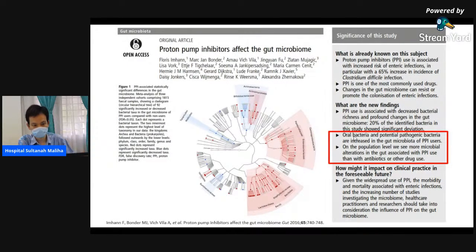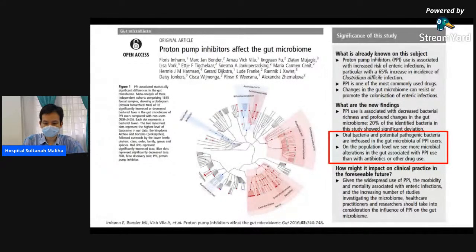We talk about pathology. This is about proton pump inhibitors affecting the gut microbiome. There have been numerous studies saying that if you give PPI long-term without clear indications, one of the aftermaths is gut bacterial translocation. So I tried to look into the research and papers, and we found this study in 2016 that illustrates how the microbiome was altered through the use of PPI.